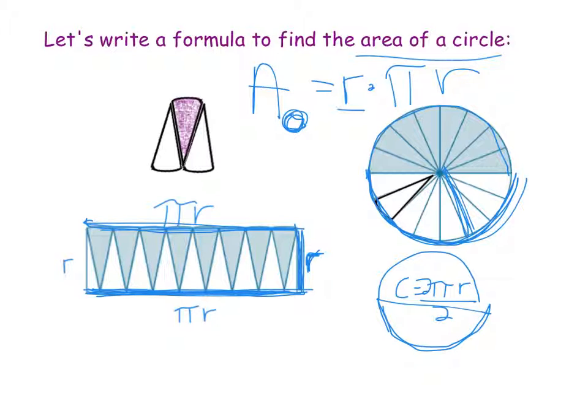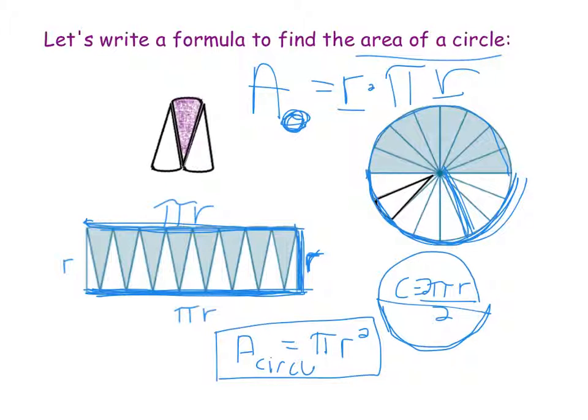So I see that there's an r times an r, so the area of, and I drew a circle here, but I'm going to write circle. The area of a circle is pi, and then r times r we can simplify as r squared. And this is our formula that we can use, pi r squared.